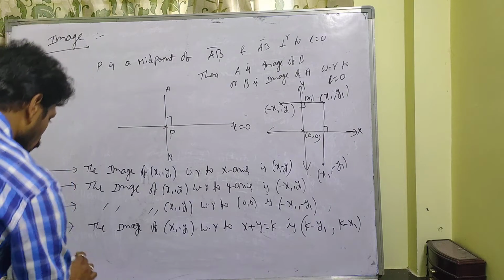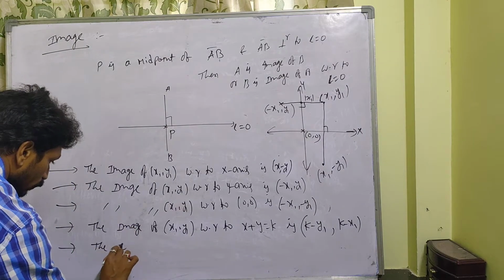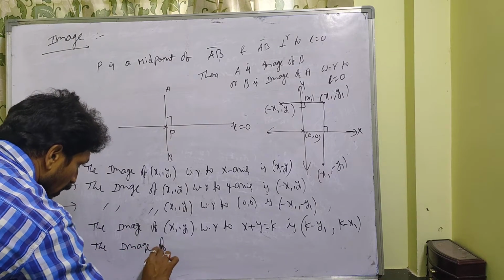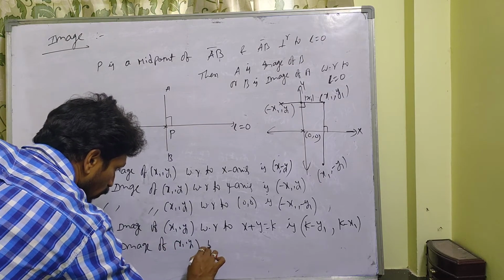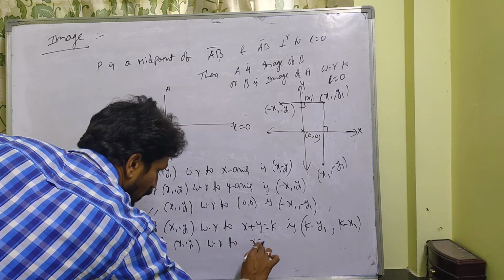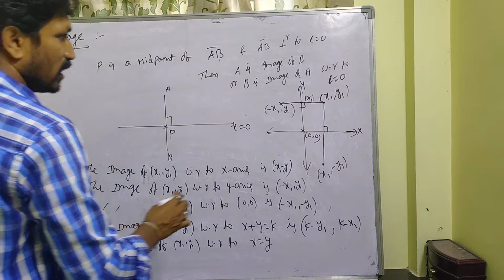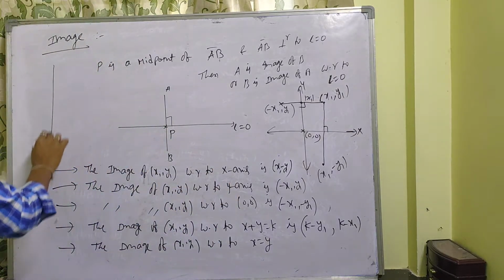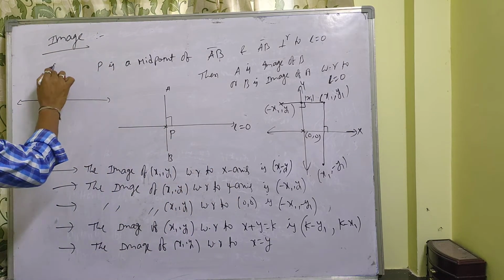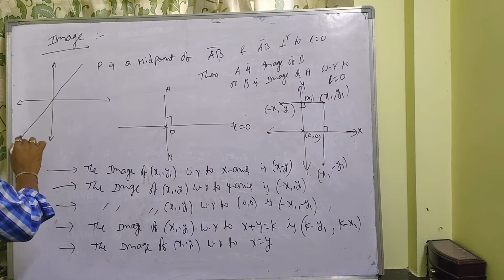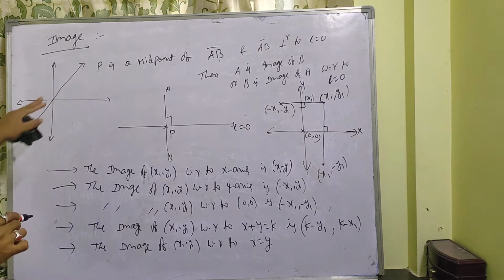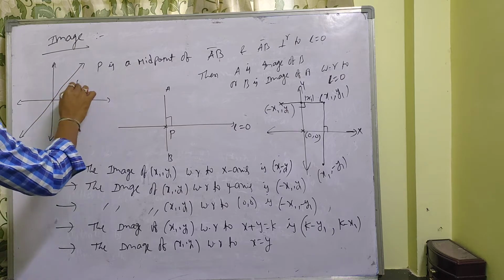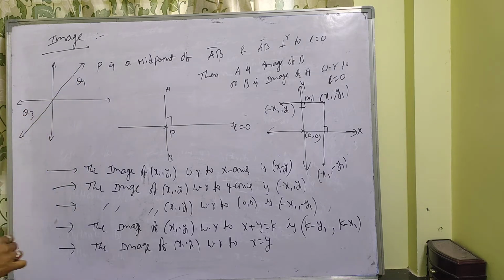Okay, next one. The image of x1 comma y1 with respect to x is equal to y. X is equal to y is like this. See, the diagram is very important. So x is equal to y is the line. That is the angular bisector of quadrant 1 and quadrant 3.